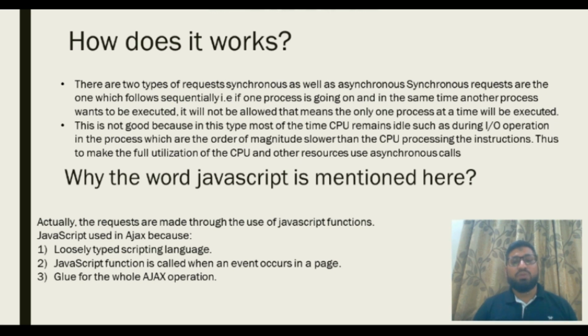That means only one process at a time will be executed. This is not good because in this type most of the time the CPU remains idle, such as during input output operations, which are orders of magnitude slower than the CPU processing instructions. Thus, to make full utilization of the CPU and other resources, we use asynchronous calls.